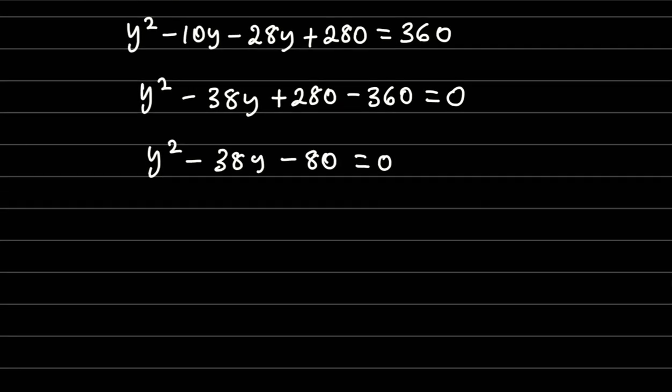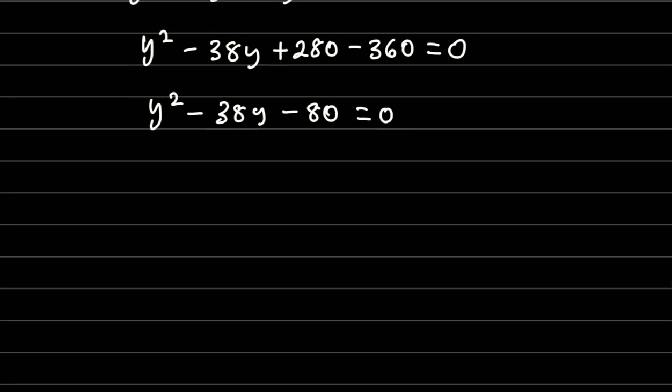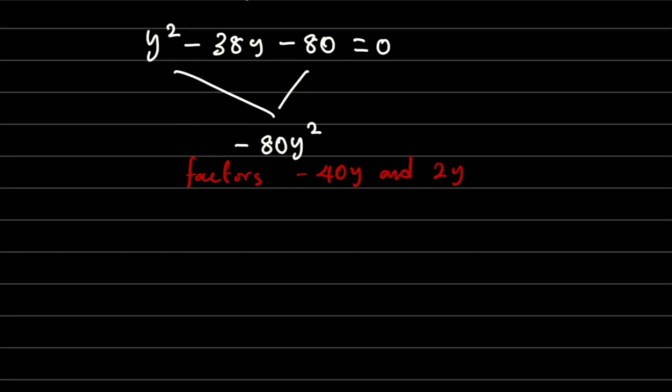Now we can solve this quadratically, and of course, we are multiplying this, so it's going to be minus 80y squared. Then the factors that will sum to give you minus 38 will be minus 40y and 2y. So we now take it back so that we're going to have y squared minus 40y, then plus 2y minus 80 is equal to 0.